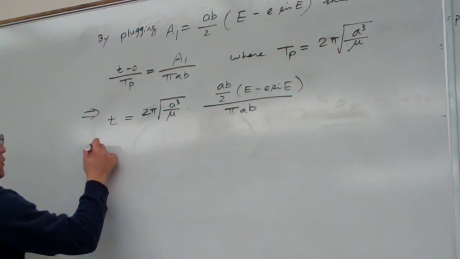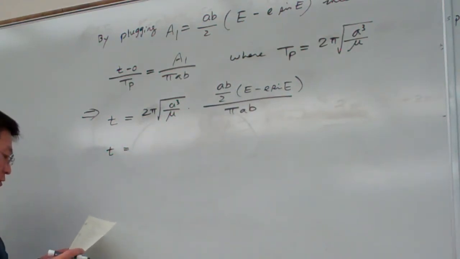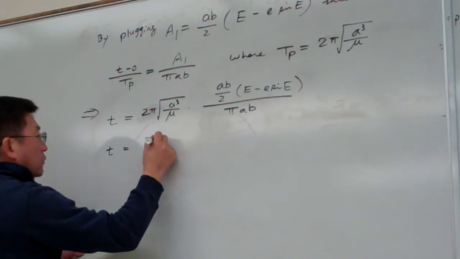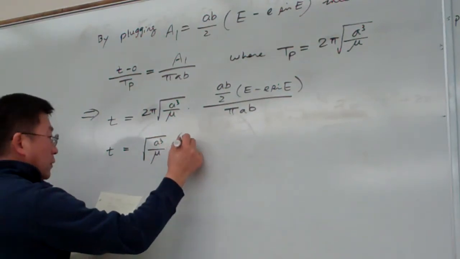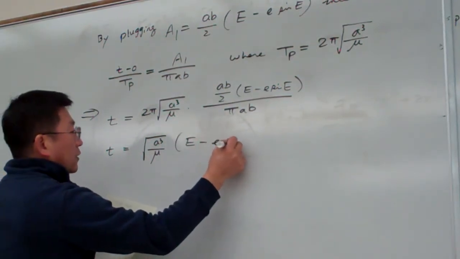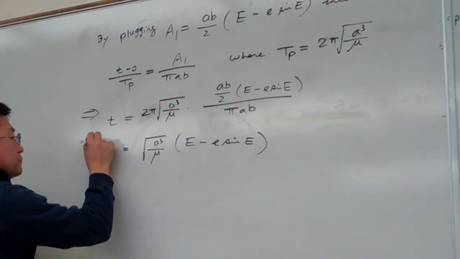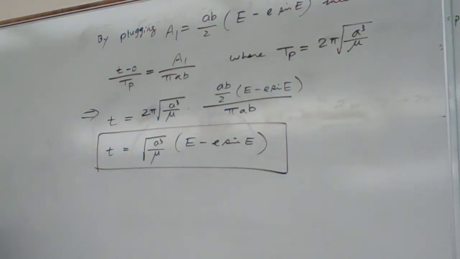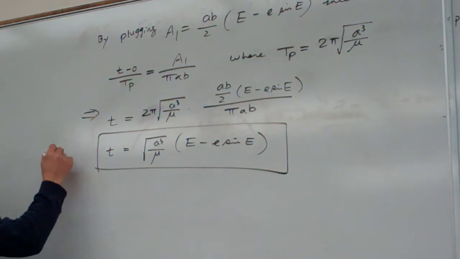So therefore T is equal to square root of a cubed over mu times E minus e sine E. This is Kepler's equation.